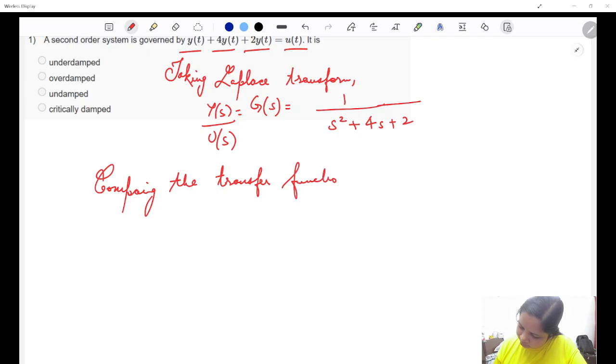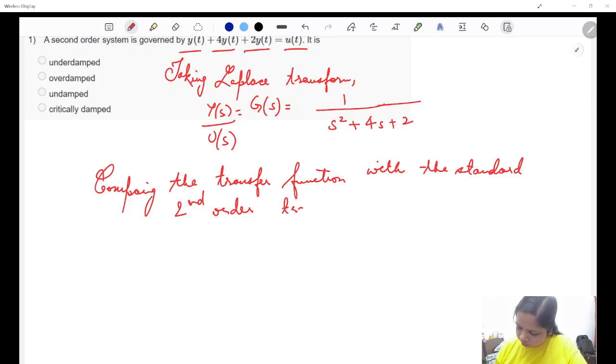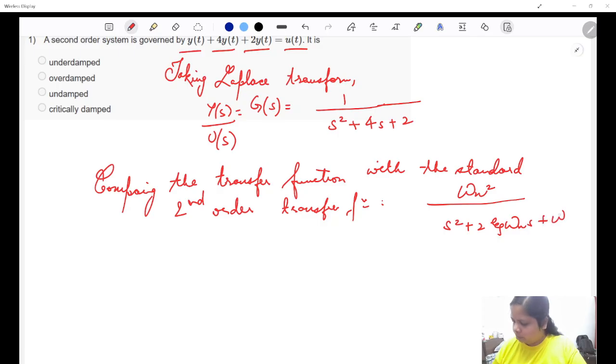Comparing the transfer function with the standard second order transfer function, which is given by omega n square upon s square plus 2 zeta omega n s plus omega n square.